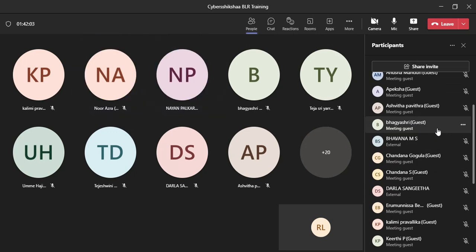Noor Azra, can you explain the characteristics, the cloud characteristics? If you have an idea about cloud characteristics, you can explain them, or explain cloud services.